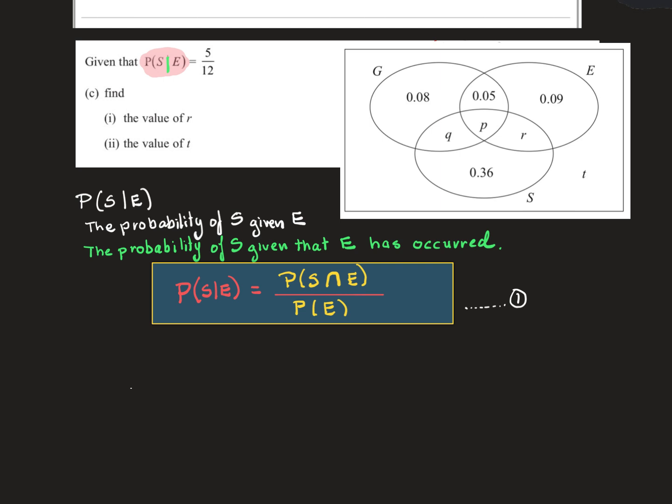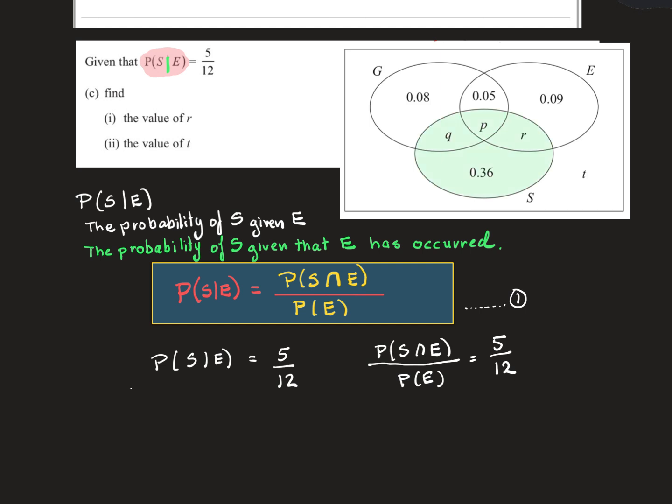So we have the probability here. It says P(S|E), and we're given that this is 5/12, which basically is saying that the probability of S intersection E over the probability of E is equal to 5/12. So now we can find out what the probability of S intersection E is first.